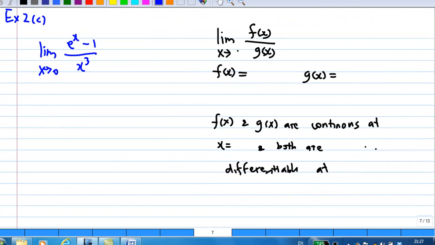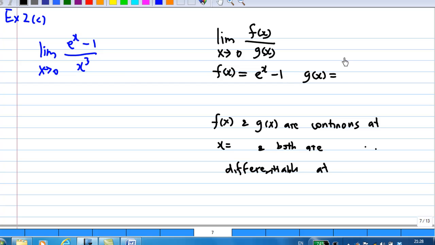Let's look at example 2c in our Anton text. I'm going to find the limit of (e to the power x minus 1) over x to the power 3 when x approaches 0. This is the type of limit of f(x) over g(x) when x approaches 0, where f(x) is e to the power x minus 1, and g(x) is x cubed.